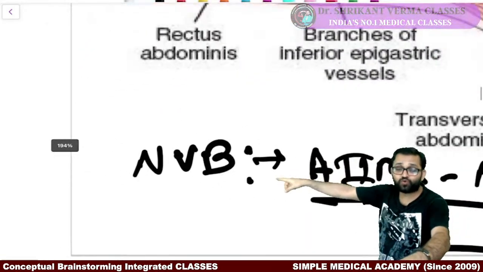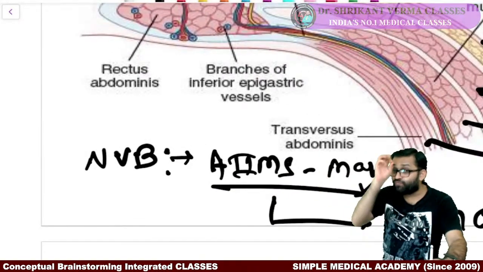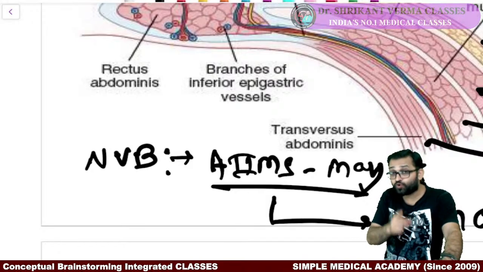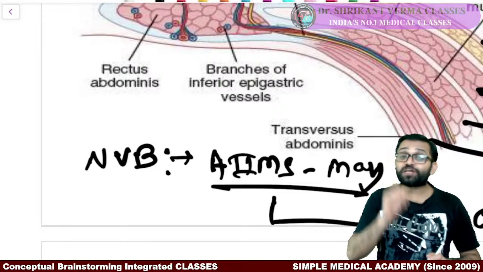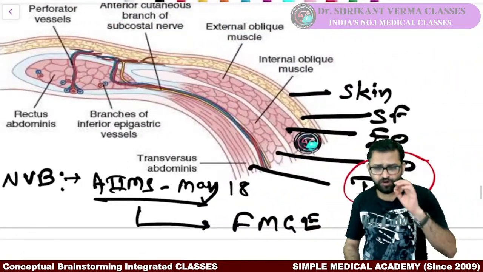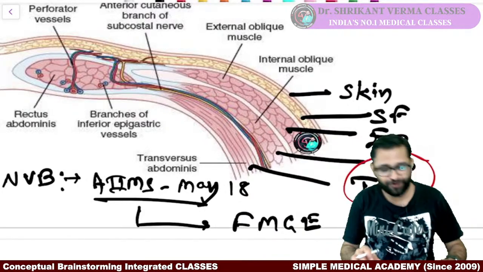You must know the neurovascular bundle. In AIIMS, the question was: which compartment of the leg does not have the neurovascular bundle? The answer was the superficial posterior compartment. Again, the anterior abdominal wall is an important topic.